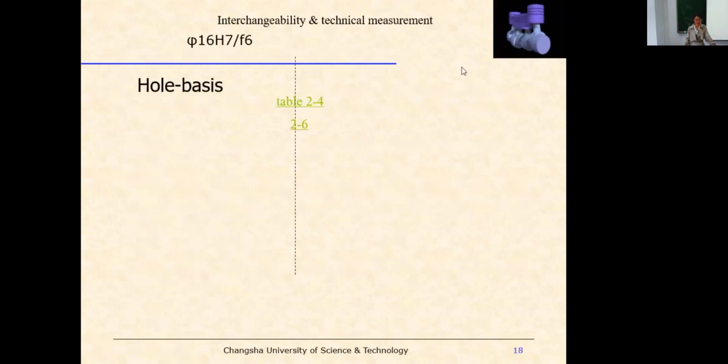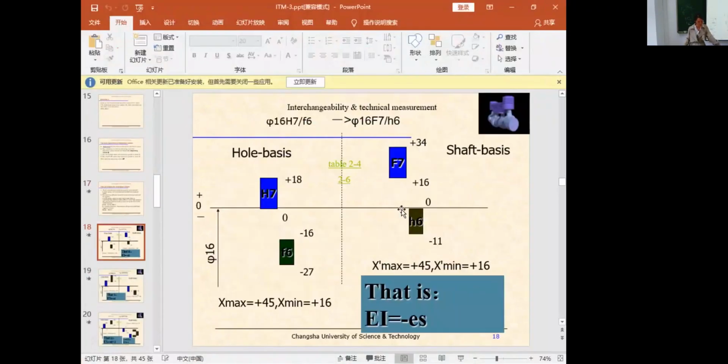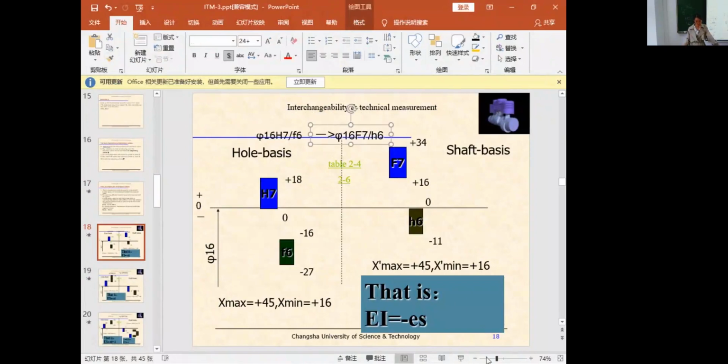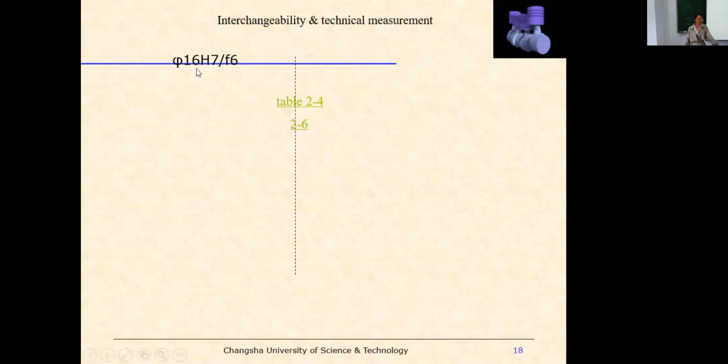So for example, the diameter phi 16, the basic size is 16, H7 for the hole, F6 for the shaft.